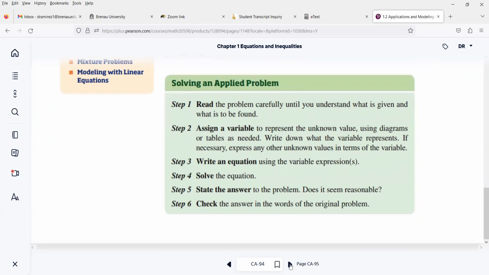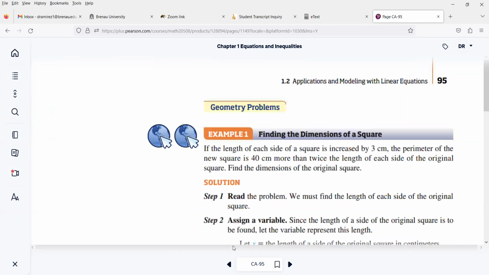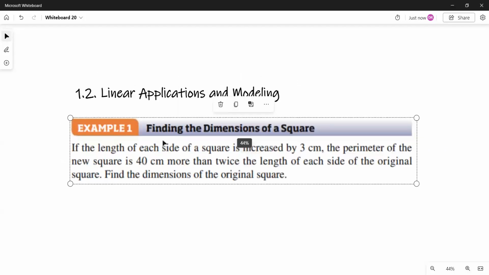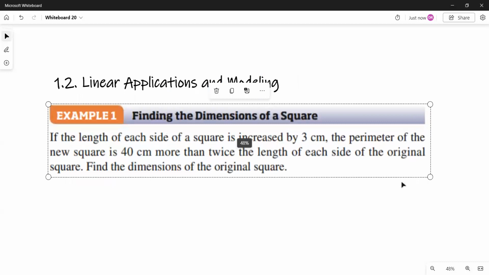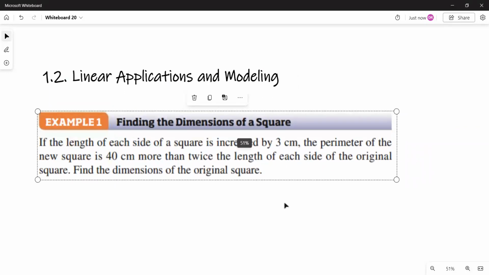So we're going to do example 1. We're going to use a geometric formula. This is on page CA 94.